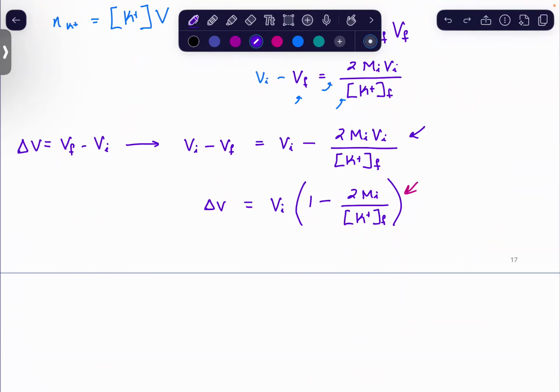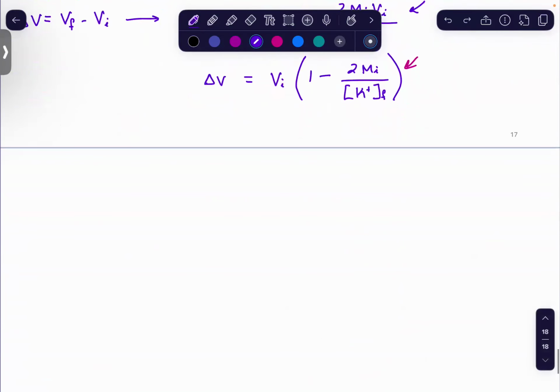Okay, so now that I've actually derived this formula, I can plug in numbers. Okay, so VI is 100 milliliters. You need square brackets because I'll have to use parentheses inside.